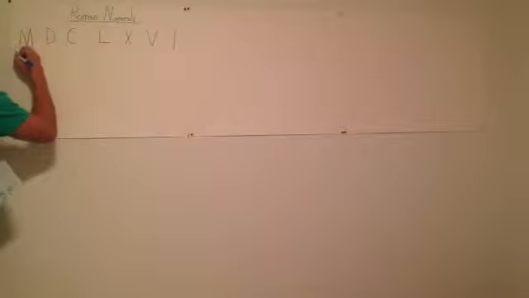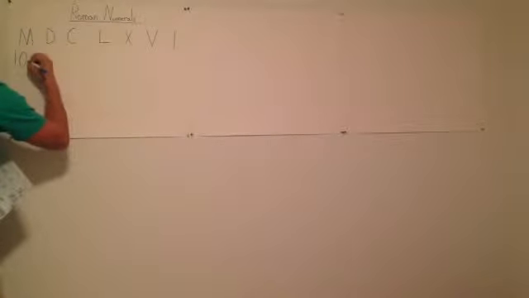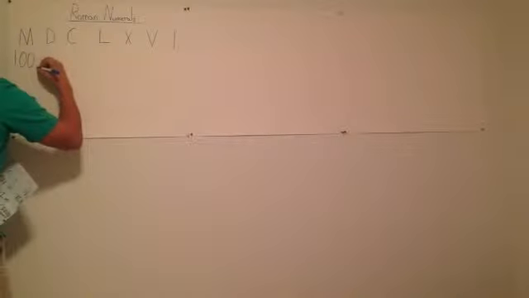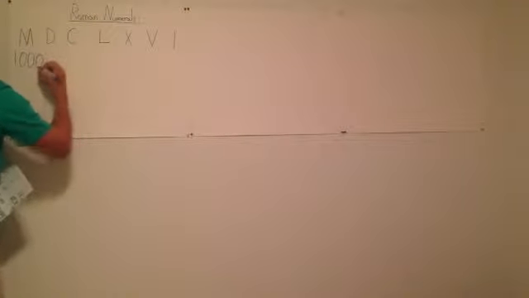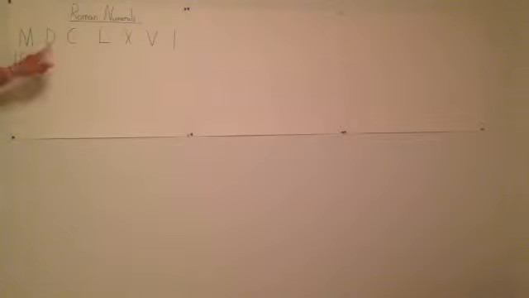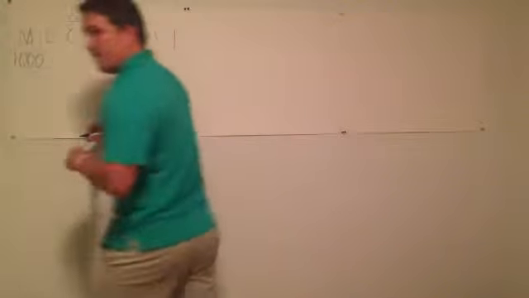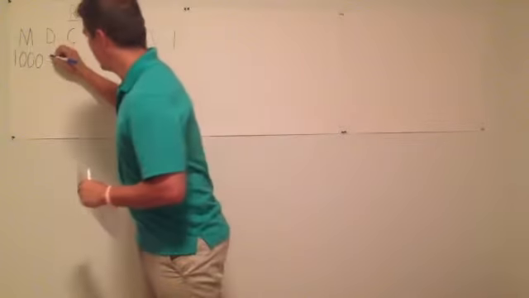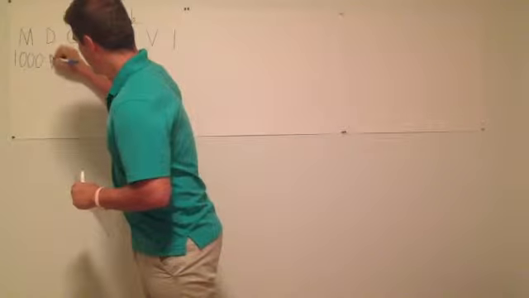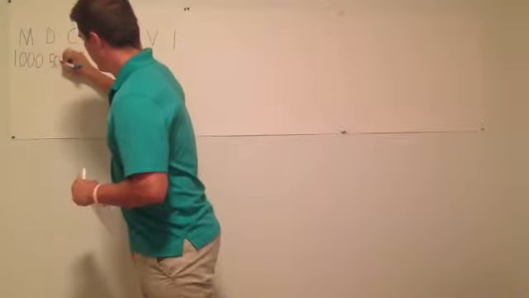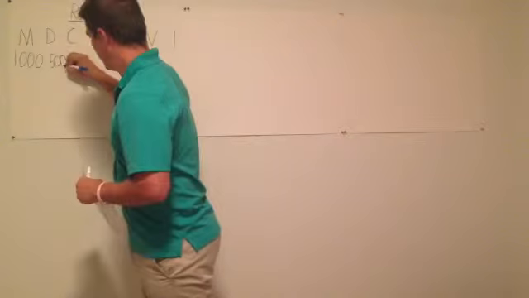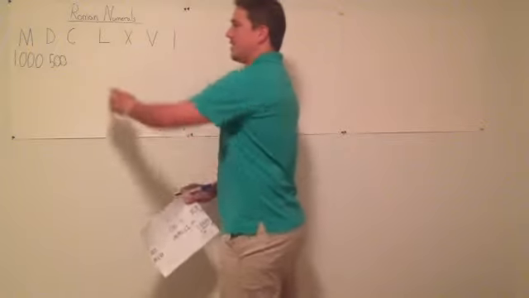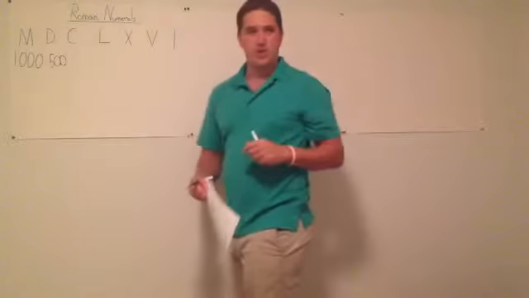So we're going to go from the greatest number, which is M, and that would be 1,000. Next is the D, and that's going to be 500. After that comes the C, which is 100.